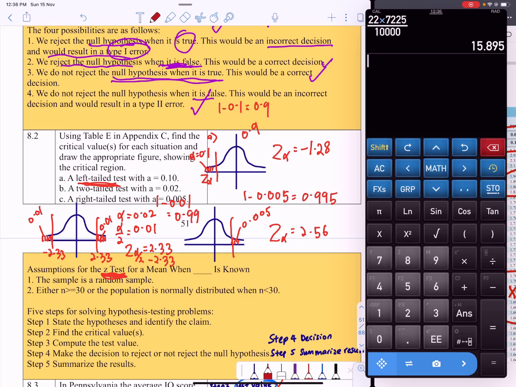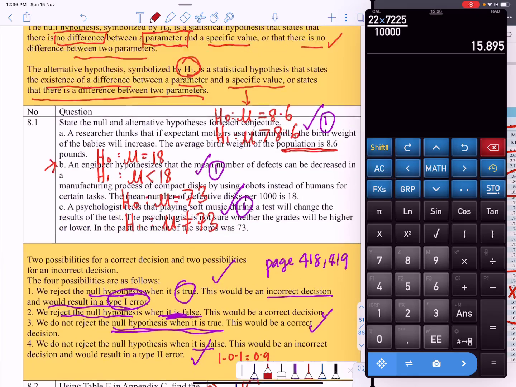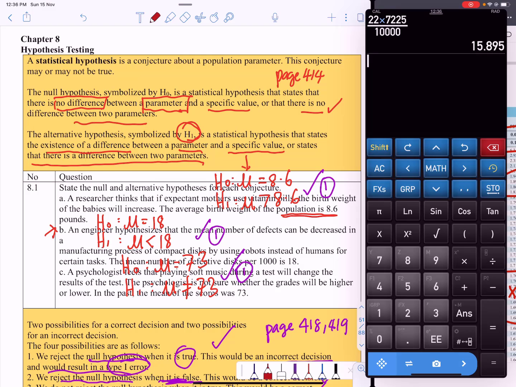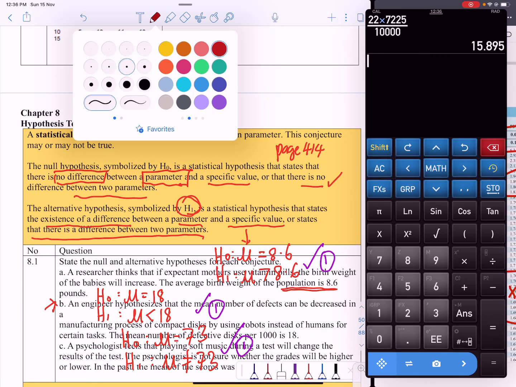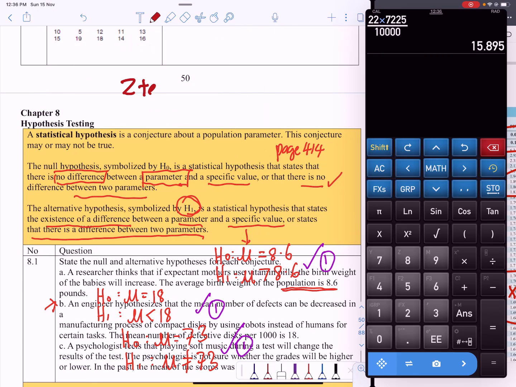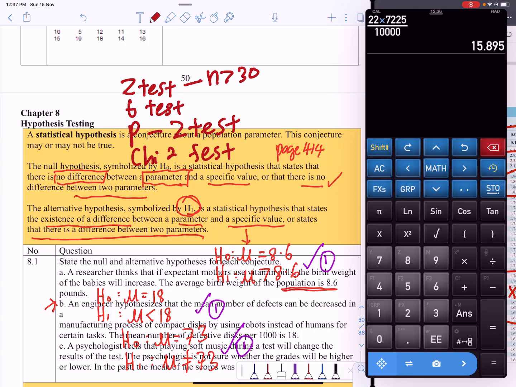Okay, hypothesis testing. As a summarization, saya nak summarize, nak make a conclusion here. Kita ada here, kita ada Z test, kemudian kita ada T test, kemudian kita ada proportion yang akan guna Z test, kemudian kita ada chi-square test. Jadi nak beza macam mana, yang ini dia 30 and above.